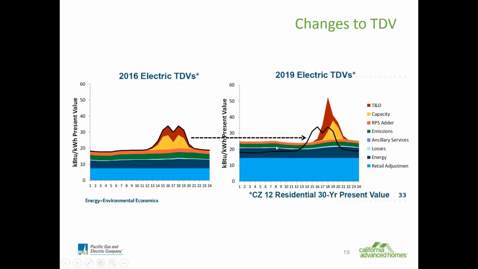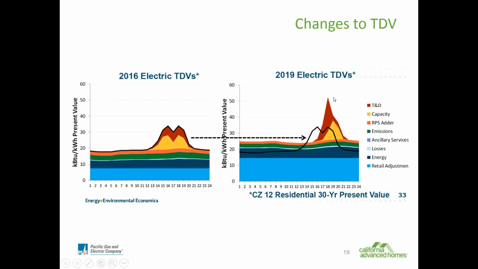Well, now all of that spike, largely because of the solar on the grid, is being kind of squished over into this unicorn. So now our TDV values really don't start to take effect until 4 o'clock, and then really hit their peak around 6 o'clock, 6:30, 7 o'clock, somewhere in there.